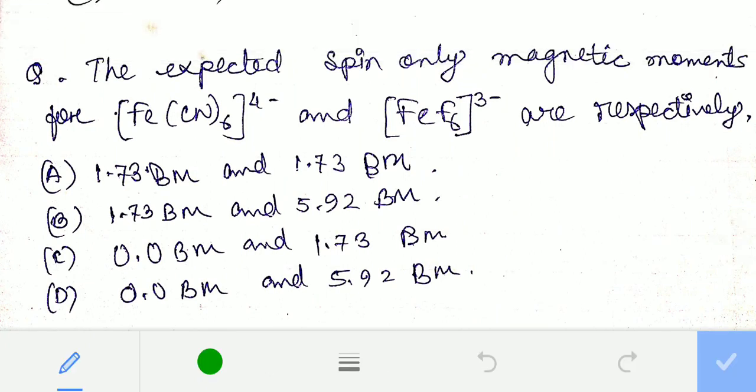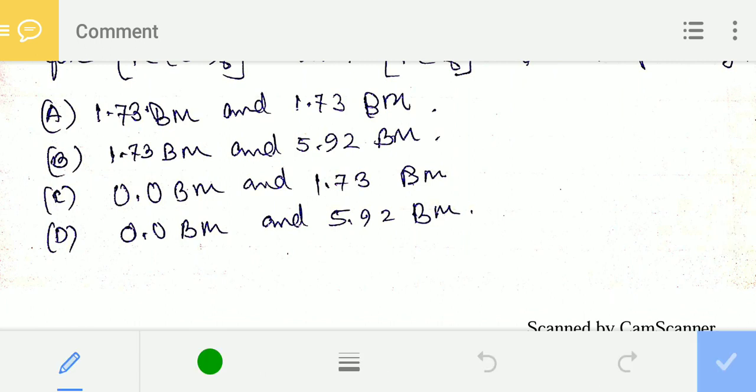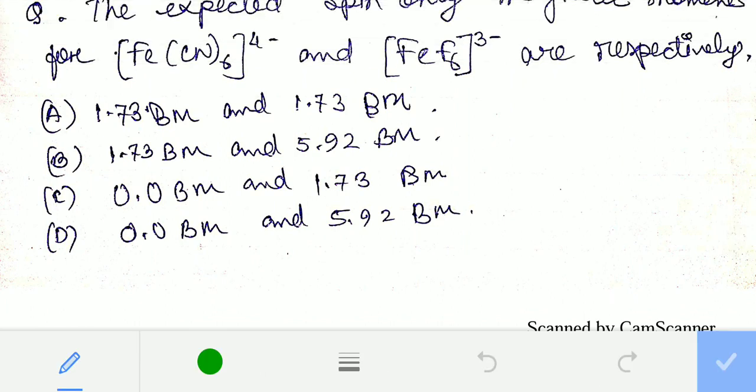So guys, in this question, the expected spin only magnetic moments for Fe(CN)6 4 minus and FeF6 3 minus. Now in the first molecule, Fe is in the 2 plus oxidation state, and in FeF6 3 minus, it is in the plus 3 oxidation state.